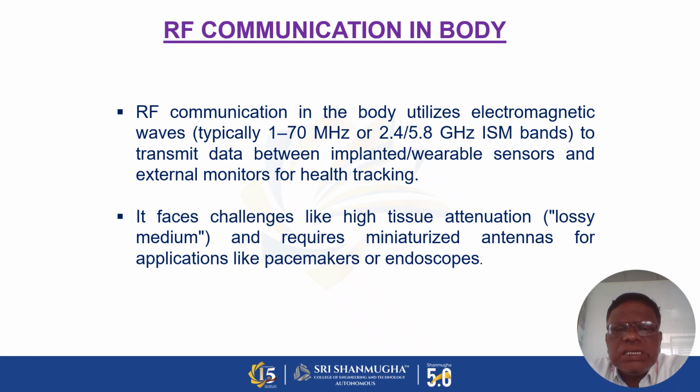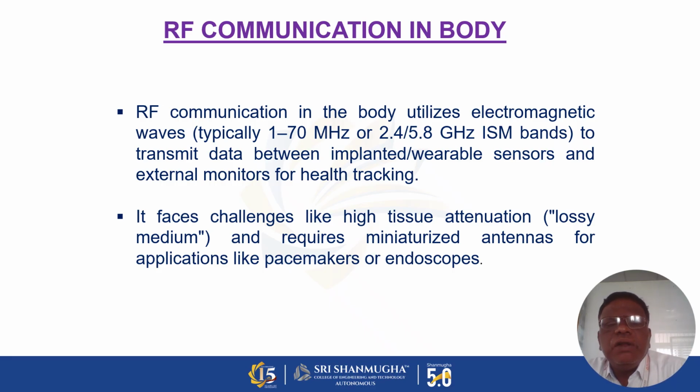In these cases, RF communication in the body utilizes electromagnetic waves, typically 1 to 70 megahertz or the 2.4 or 5.8 gigahertz ISM bands, to transmit the signal from the body itself, to transmit data between implanted and wearable sensors and external monitoring for health tracking systems.